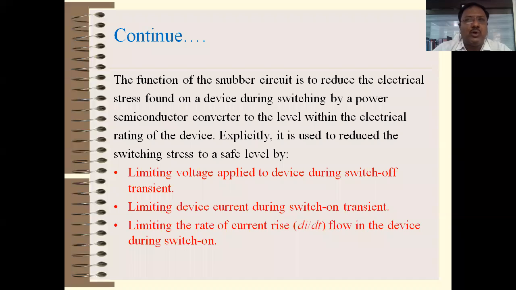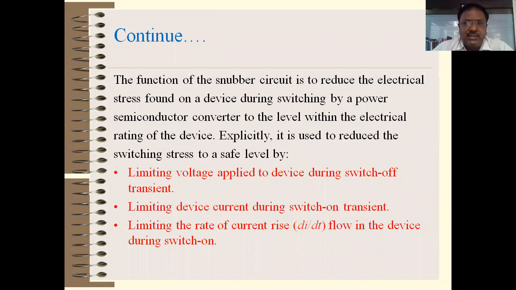Actually we don't want to turn on the switch, but because of that high voltage spike, the device may turn on. And second, if the device is in reverse bias condition and a negative reverse voltage spike is applied, then your device may get damaged. So both conditions are there. So with the help of a snubber circuit, we are simply decreasing the stress on the device.